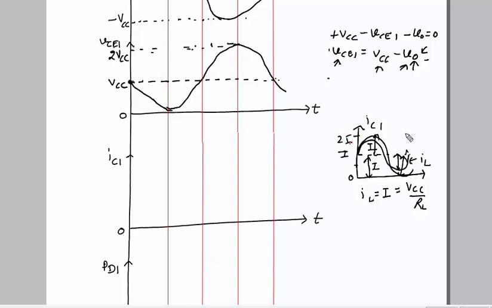In the same way we can draw the diagram for IC1. So for IC1, this is I and this is I. So the waveform will be like this.